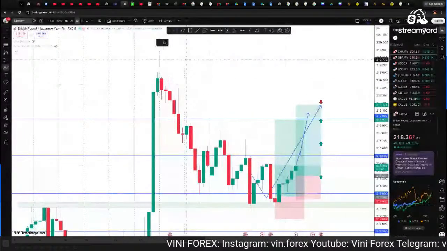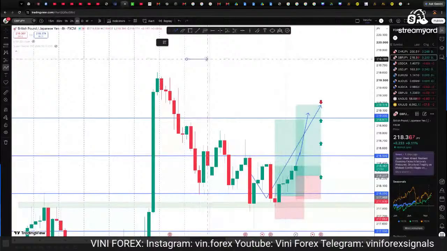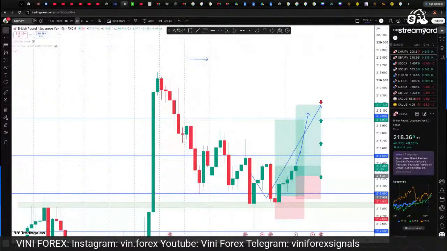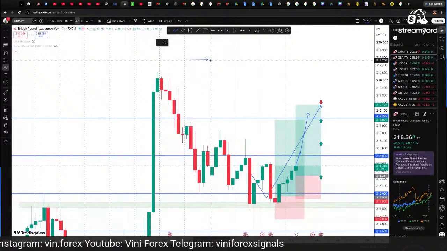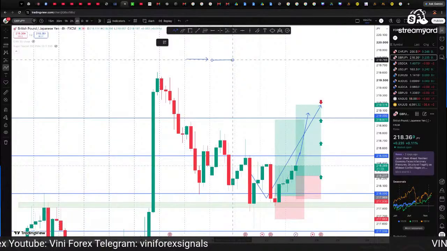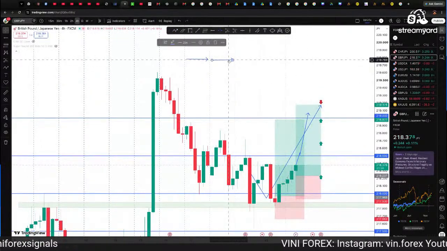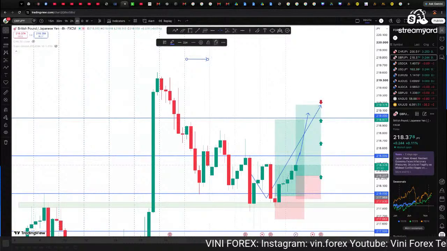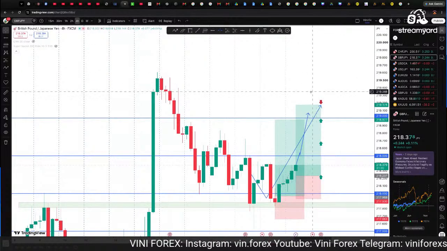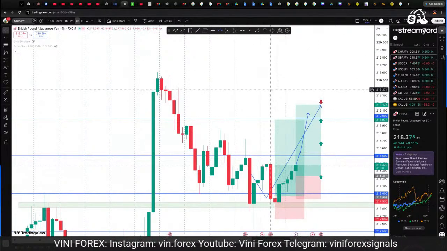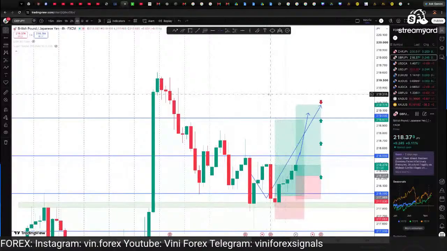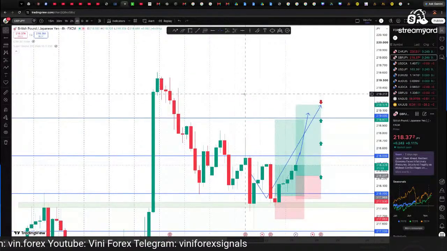From this line to this point is 1 day, and from here to here again is 1 day. Do you understand? So today is Thursday, so this space here is Wednesday, this is Tuesday, and this is Monday.